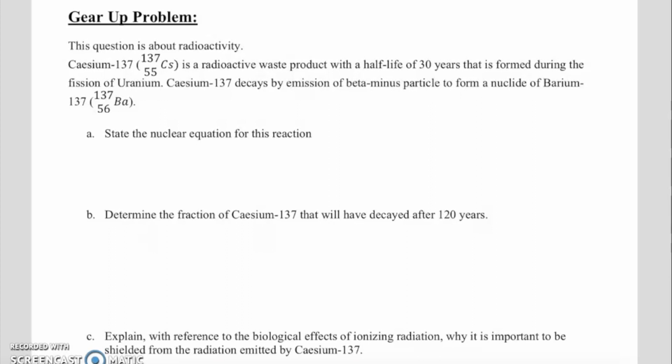State the nuclear equation for this reaction. Determine the fraction of cesium-137 that will have decayed after 120 years. And explain, with reference to the biological effects of ionizing radiation, why it's important to be shielded from radiation emitted by cesium-137. Pause the video here and try this problem.